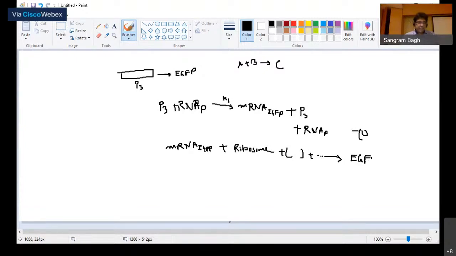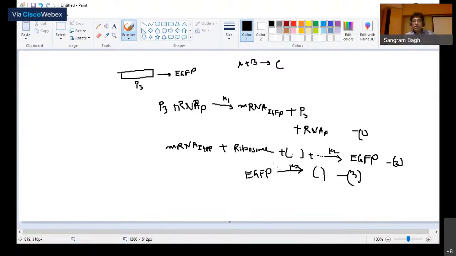So I just write EGFP. This is your equation 2. And what happens inside the cell? This EGFP protein degrades. Here K2 is the rate constant, here A3 is the rate constant, and it degrades. That is equation 3.